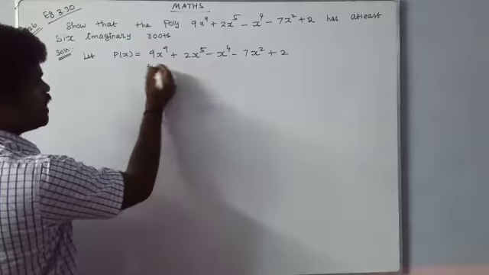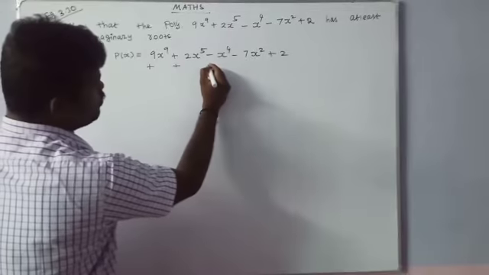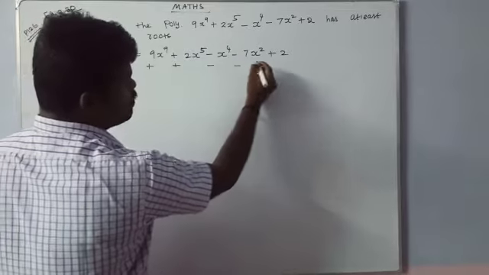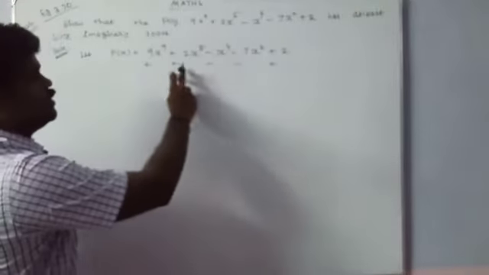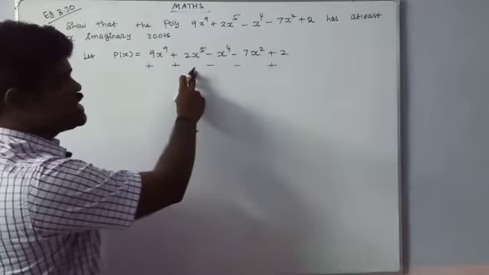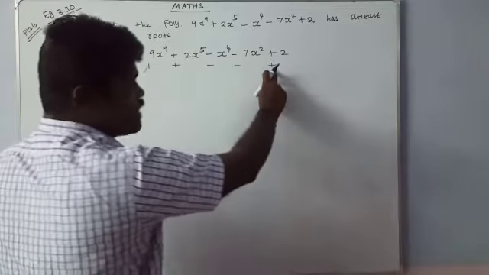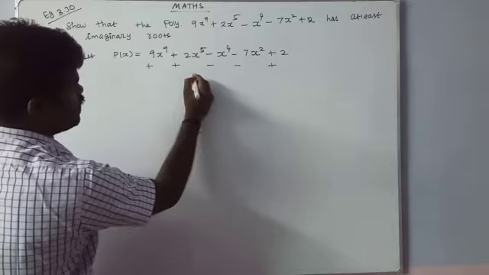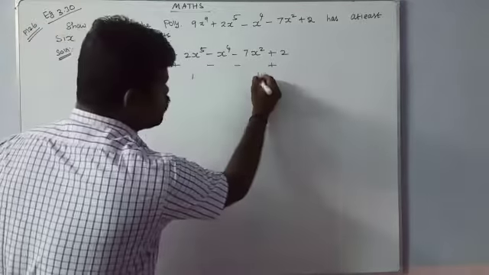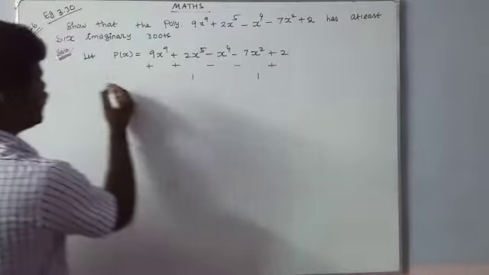First term plus and also plus, here minus and also minus, here plus. There is one sign change from plus to minus, and the same here, from minus to plus. There are two sign changes. Totally two sign changes.